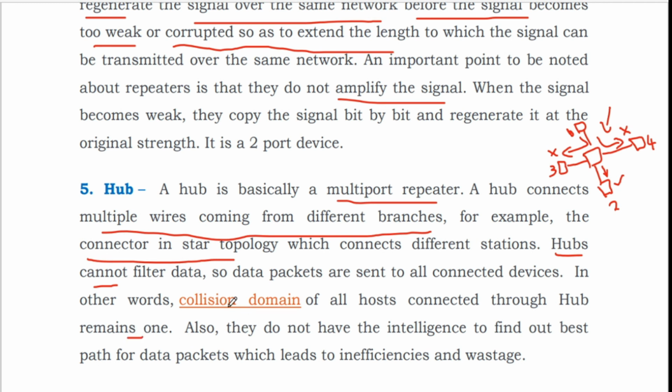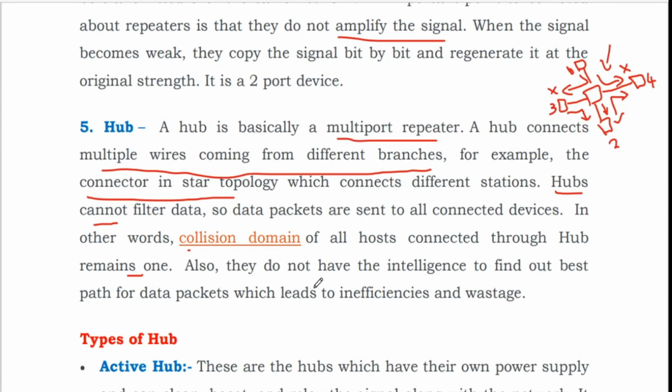Collision is when the data transfer is taking place, and as there is a lot of information coming and going, data may collide with each other and the data may get corrupted or changed. So we call it a collision.